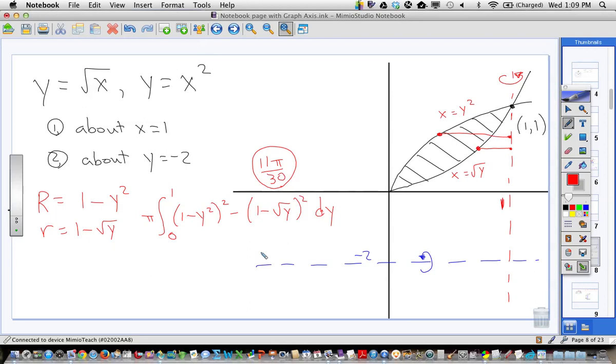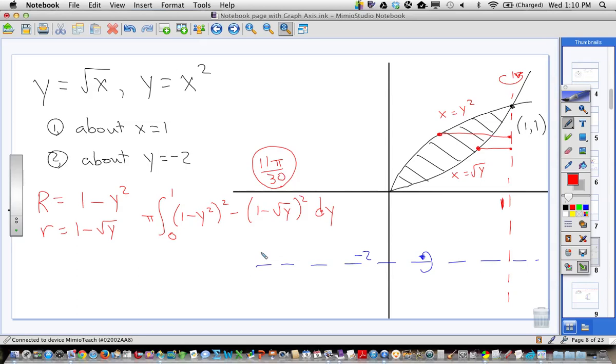Probably the number one difficulty in the early stages is remembering you've got to be x or you've got to be y. Horizontal strips, you solve for x, your integrals will have y's in them. Vertical strips are the reverse. So you build it then: you do big R, you do little r.